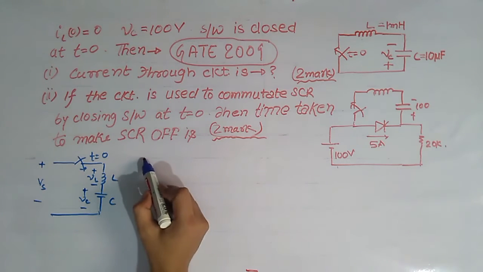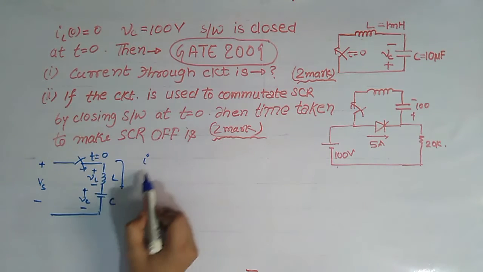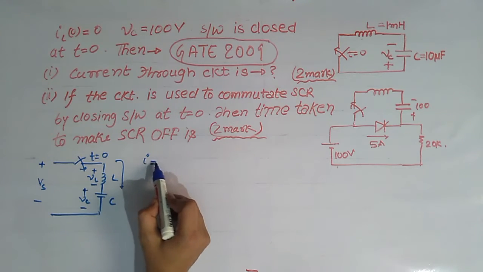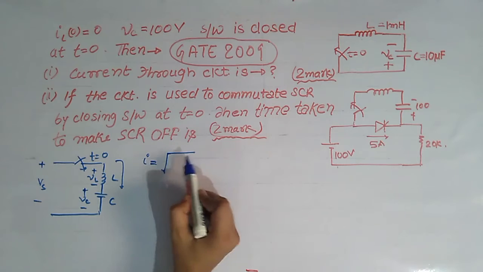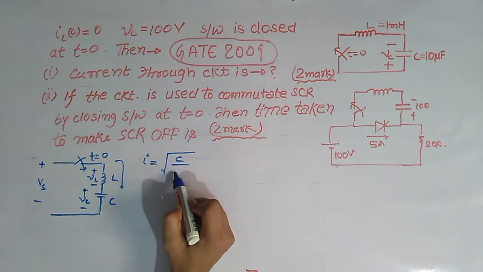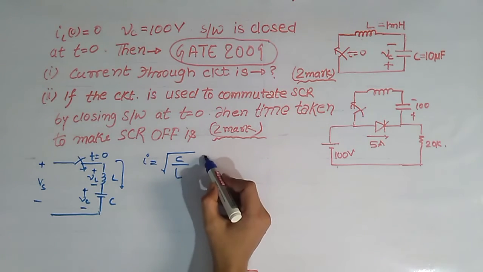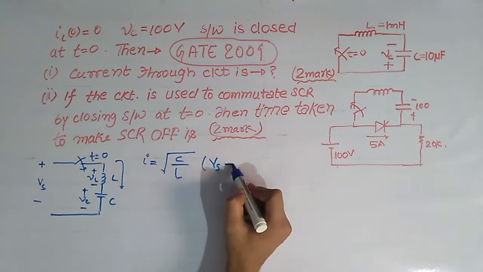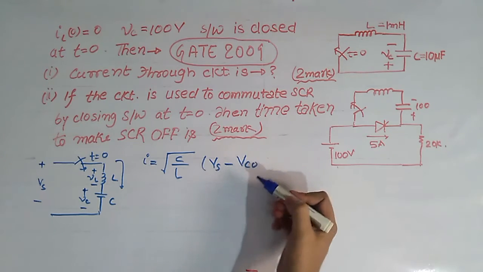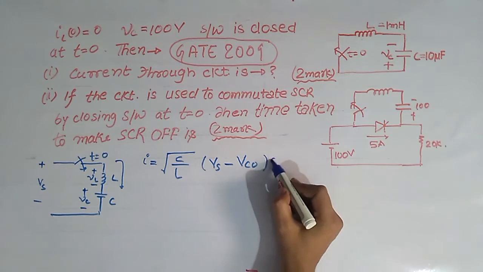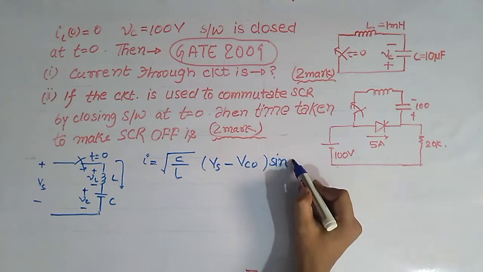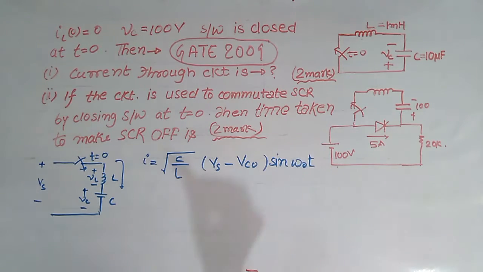Now the capacitor current, or current through this circuit, is given by I equals root C by L (Vs minus VCO) sine omega naught t. Here inductor current is equal to capacitor current.